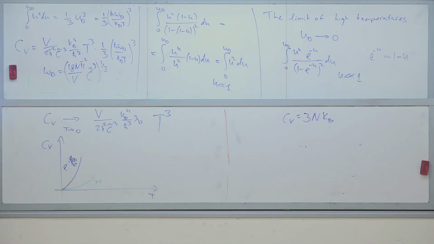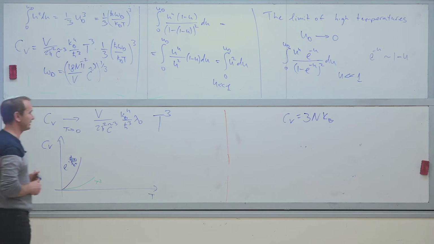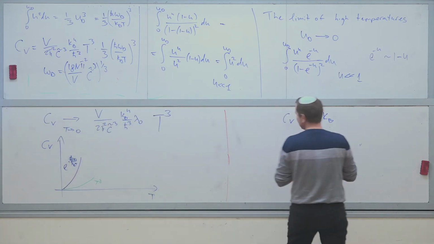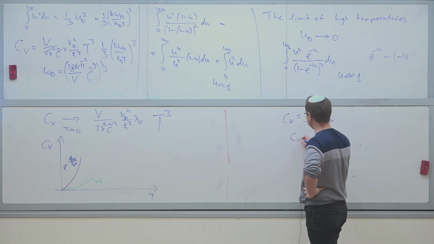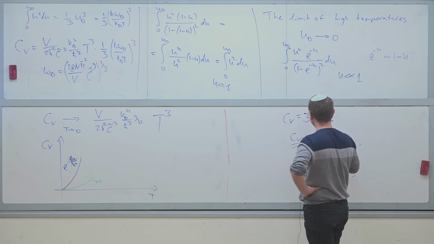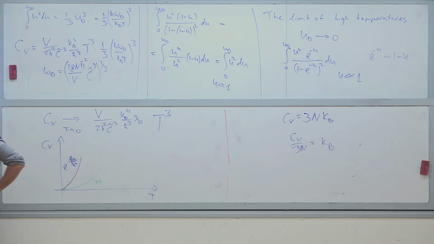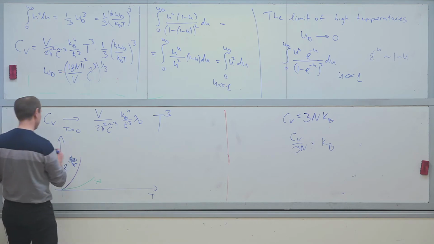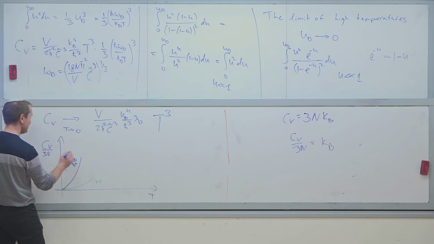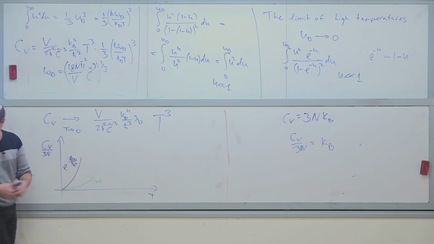Why I wanted exactly this result, I will explain to you in a second. So we basically see that CV divided by 3n equals K Boltzmann. Now this was also exactly the same result for the Einstein model. Both of them, the Debye model and the Einstein model, produced CV equals 3n K Boltzmann, the same result.